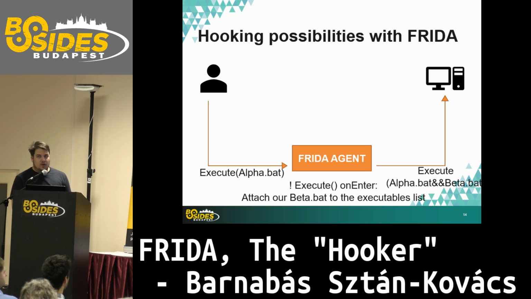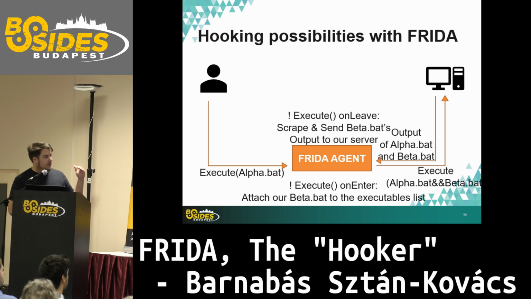For the operating system, it's no problem. It executes it and returns with the answers of both .bat files. And now we have a problem because we have two outputs when the user only called one. So we have to define the on-leave function, when the function comes back from the system and goes back to the user.